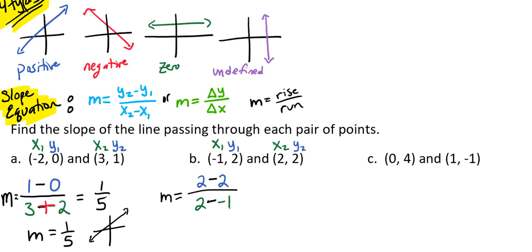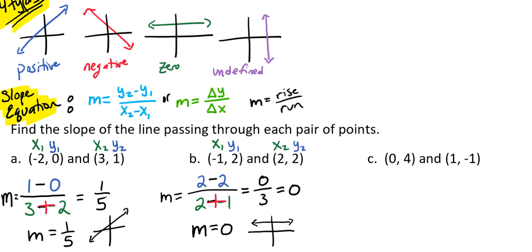And so here we have double negatives in the denominator again, so we can add those. And we're going to have 0 divided by 3. Well, 0 divided by 3 is 0. So that means our slope is 0, which means that our graph is going to look like the third type, where it's going to be just a horizontal line going across.